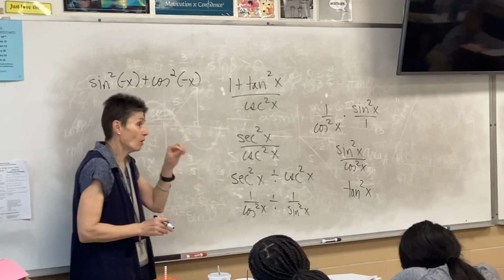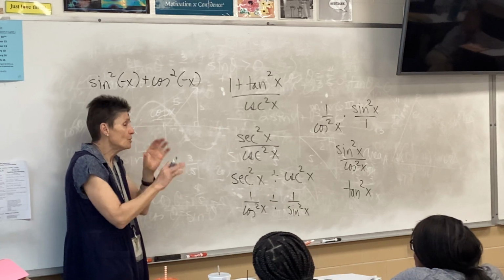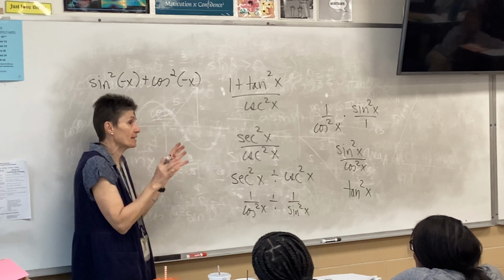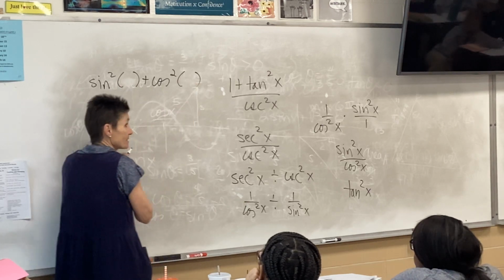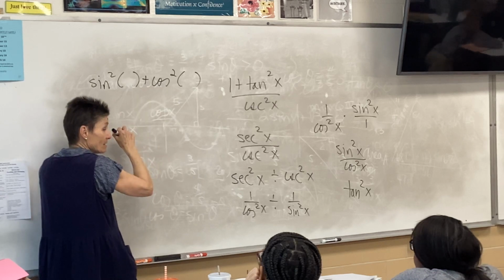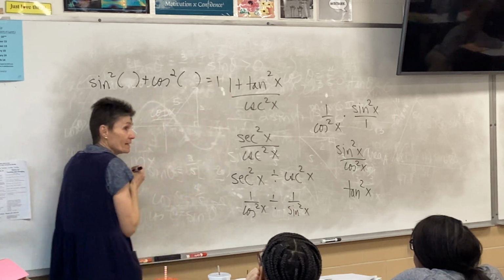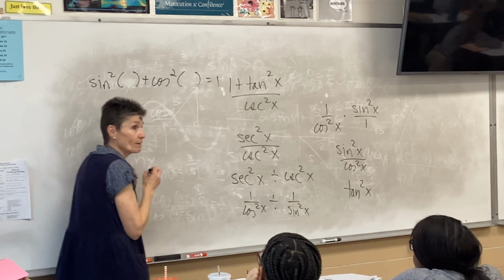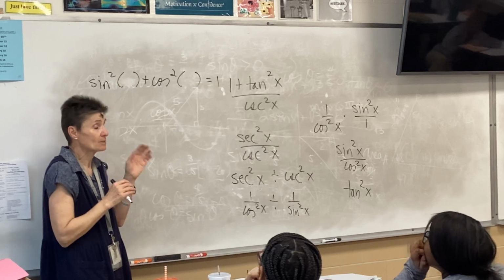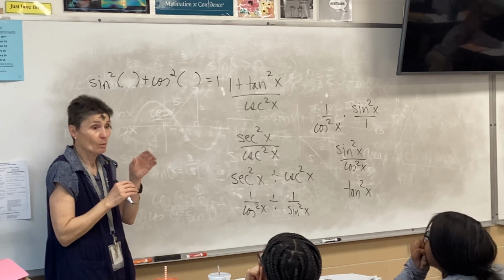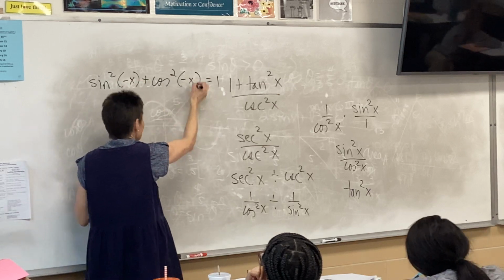And that's called an identity because it's true no matter what you're taking sine and cosine of. I don't care what you put in the parentheses, if the two match, this is always going to be 1. Sine squared plus cosine squared is 1. Always. It's called the fundamental trigonometric identity. In this case, what's in the parentheses is negative x, but that doesn't matter.